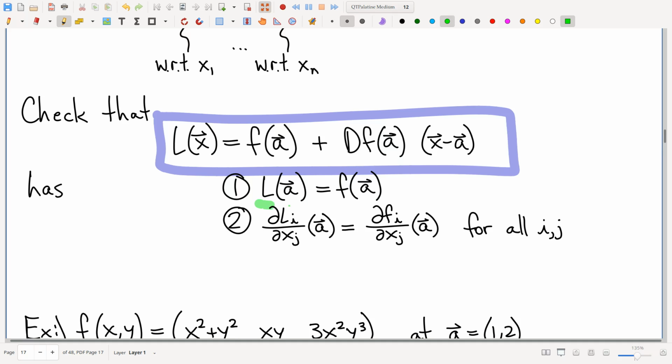You can confirm for yourselves, and you should, that this again does exactly what it ought to. It mimics f in terms of value and in terms of partial derivatives. I think this is a great thing to check. Don't do this in general because it's just unnecessarily clunky. Just let n equal 3, m equal 2, something like that.